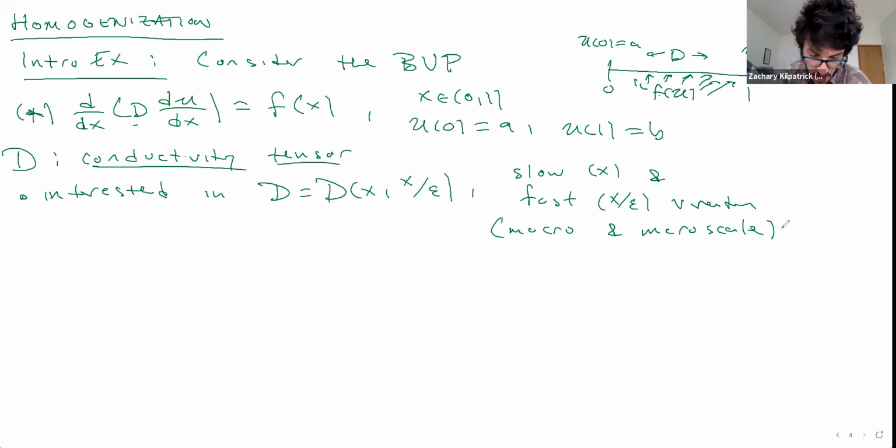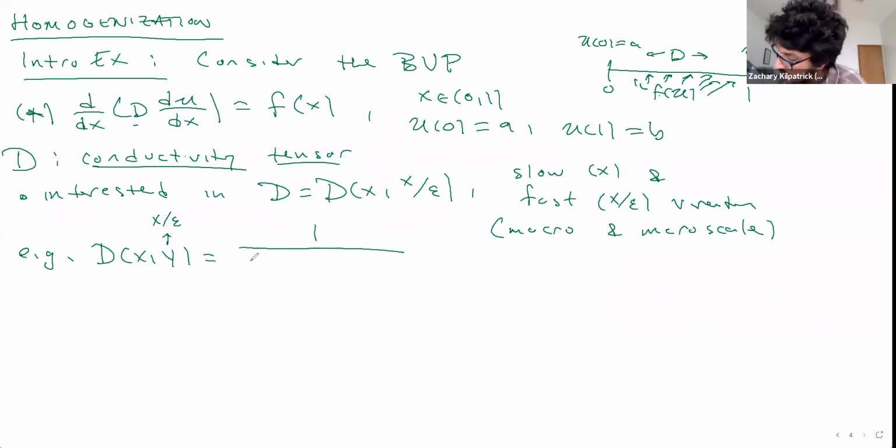So let's take something concrete, which we'll come back to later. Let's say D of x, y, where we'll assign y to be this microscale, treating it like another variable, like the method of multiple scales. Let's say that this was something like 1 over 1 plus alpha x plus beta g of x cosine of y. In this case, if we just average over this, we would just have 1 over 1 plus alpha x, some inversely linearly varying function.